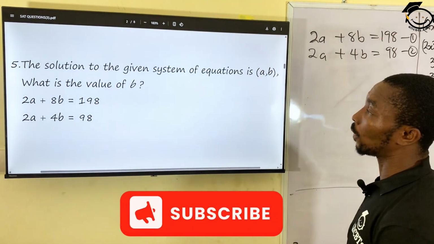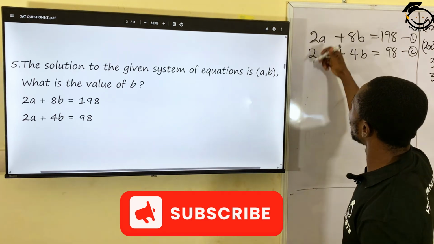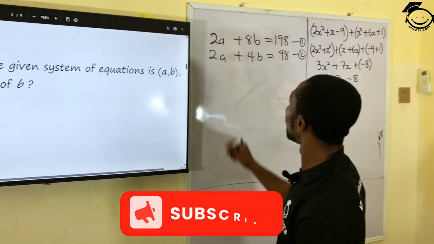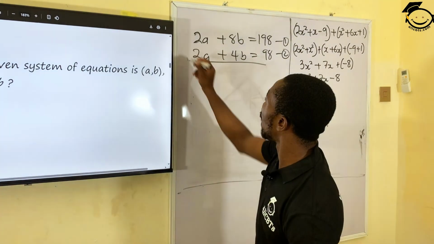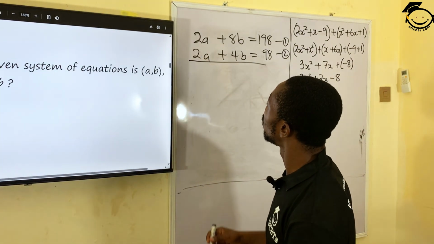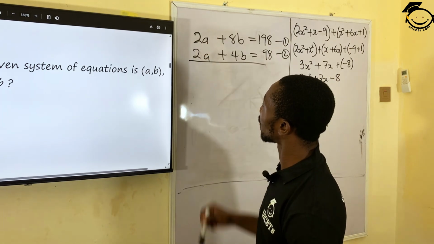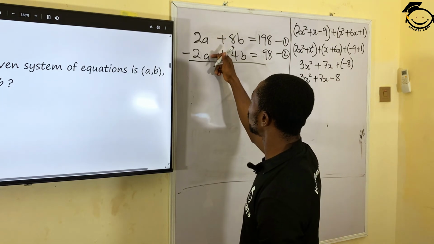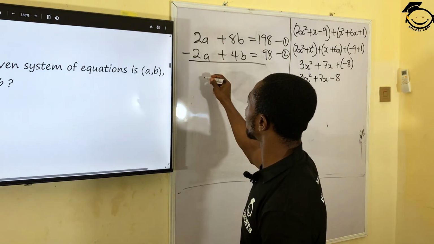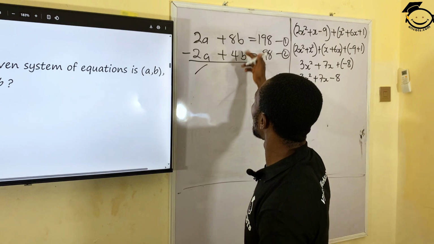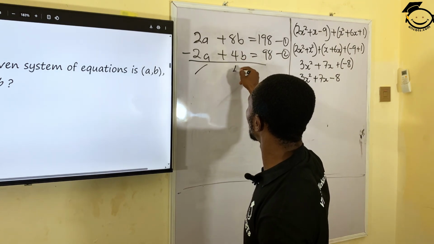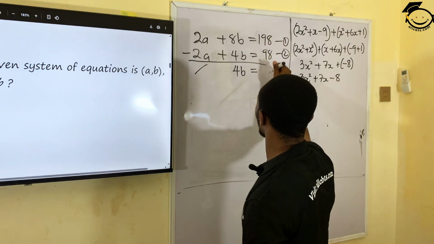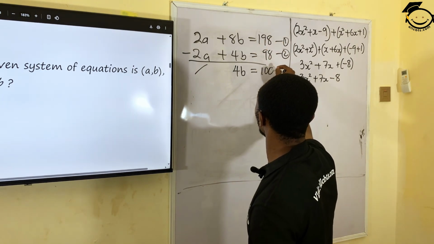Since we are looking for the value of B, and luckily we have the coefficients of A equal, we can simply eliminate. In doing elimination, since their signs are the same, we subtract. So 2 minus 2 gives us 0, A minus A cancels out. Now 8 minus 4 gives us 4B, equals 198 minus 98, which gives us 100.